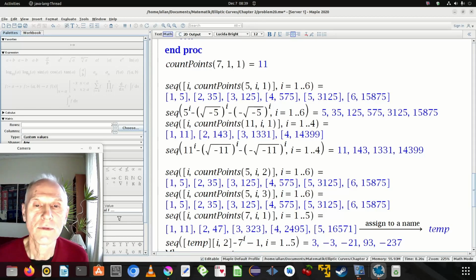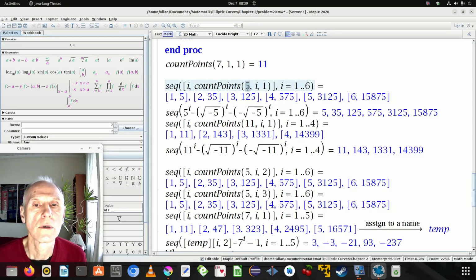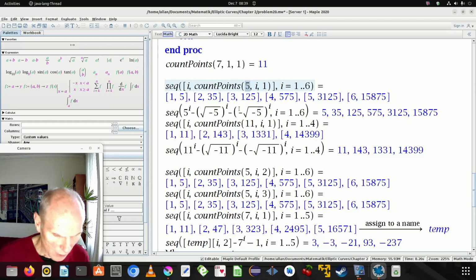So first with 5 points, P equal 5. That's equivalent to 2 modulo 3. So I don't quite get it. Is that really true?